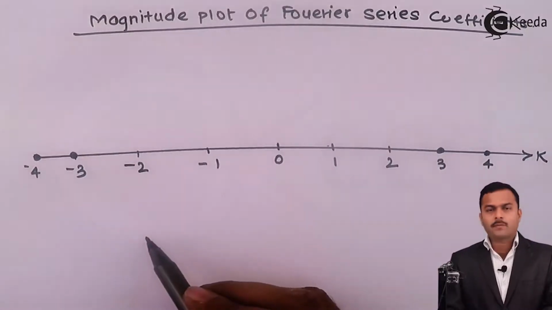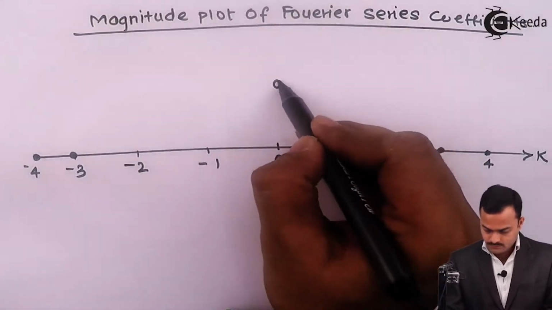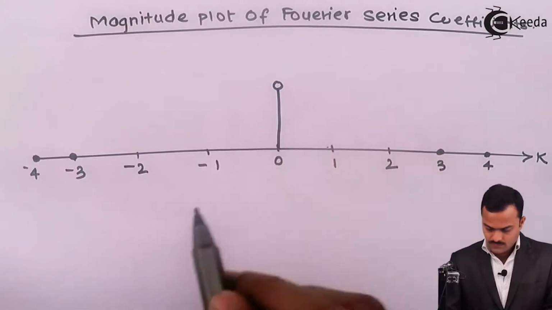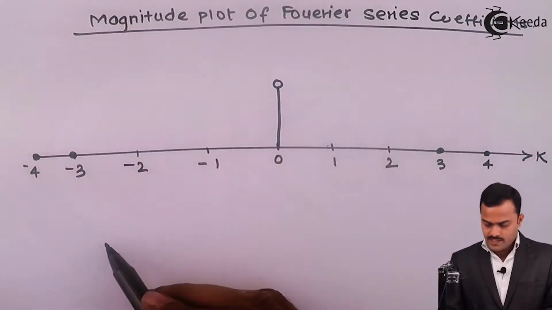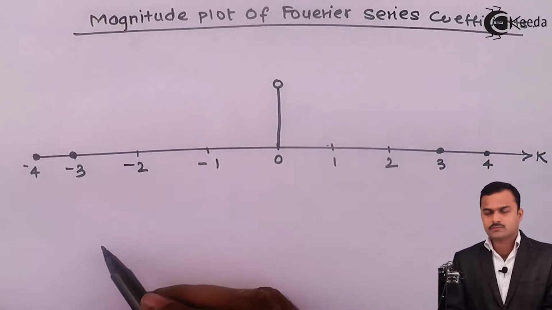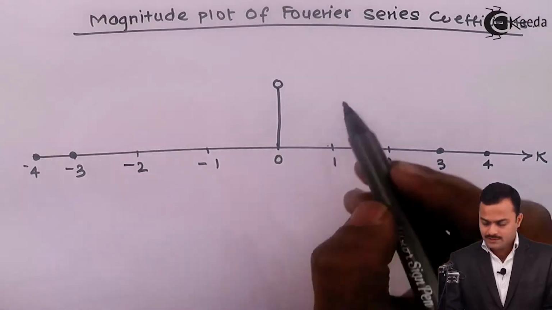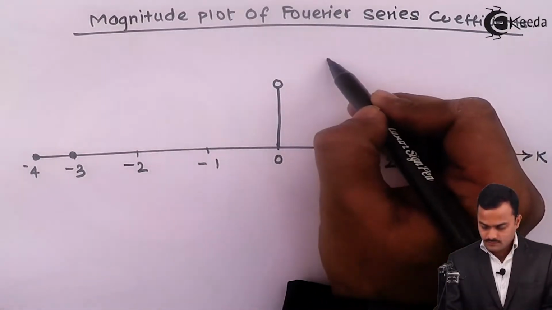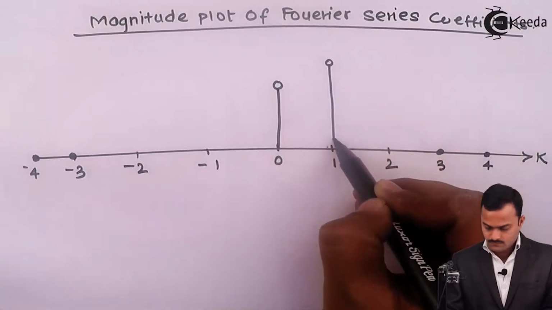For k equal to 0 we obtain the magnitude as 1. For k equal to 1 and minus 1, the obtained magnitude is root 5 by 2. It's little more than the 1.